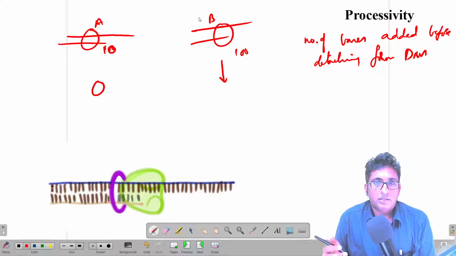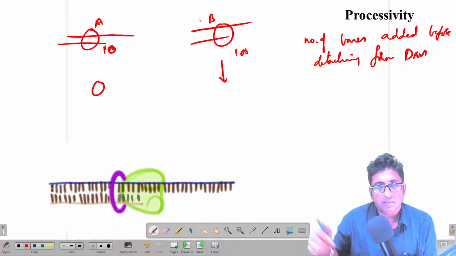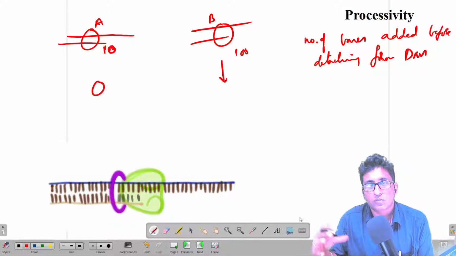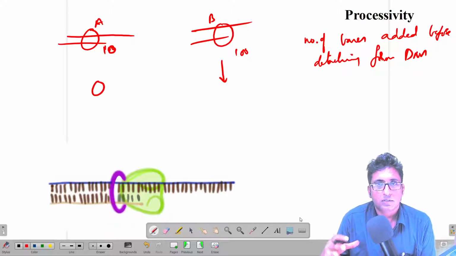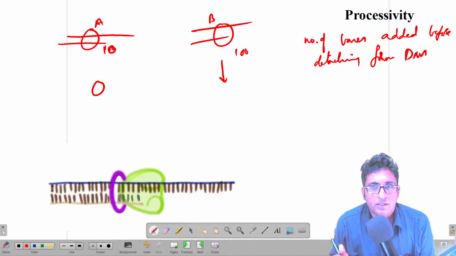DNA polymerases add thousands of bases per second, and they have to add a lot of DNA before they dissociate, because to find the place and resume again is an expensive endeavor. So it would be better for DNA polymerase to bind and keep on polymerizing without detaching.